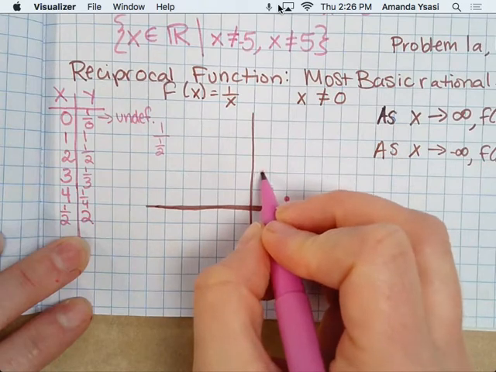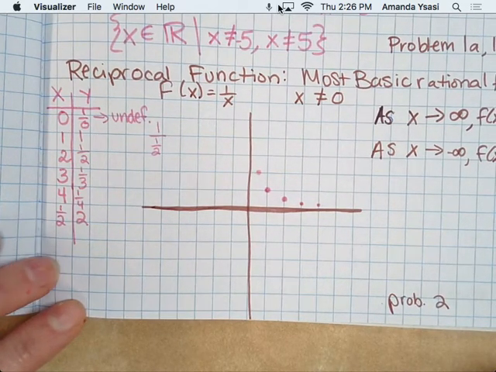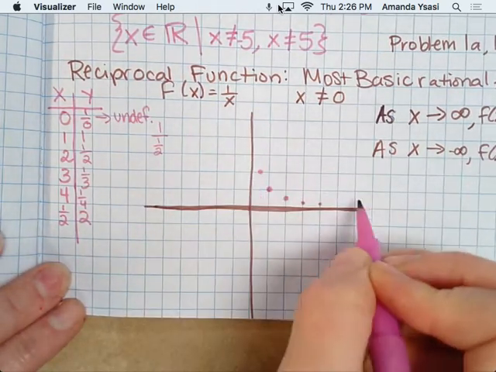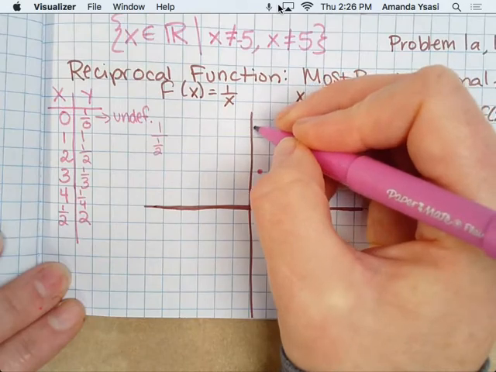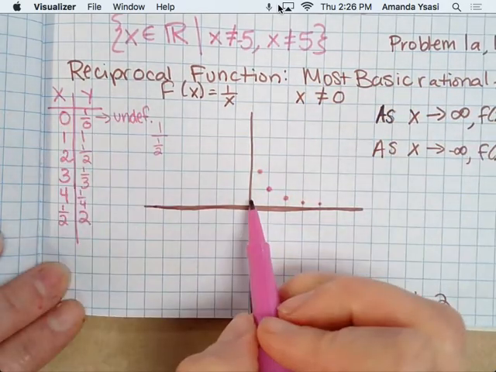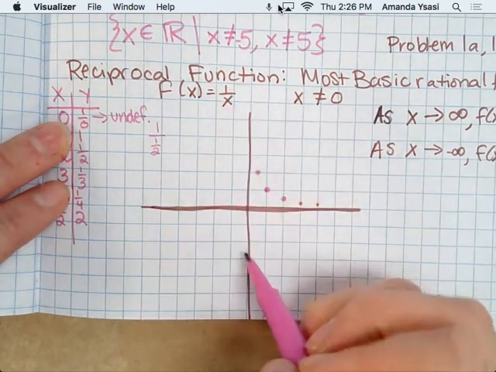Half, 2, like that. Okay, so it kind of goes like this. Can it get closer? But we know if x is 0, it's undefined. So it's never actually going to touch that.